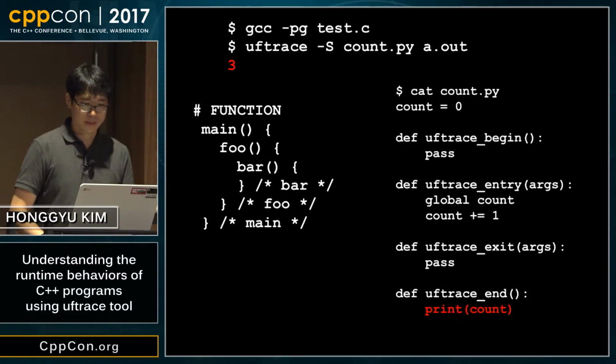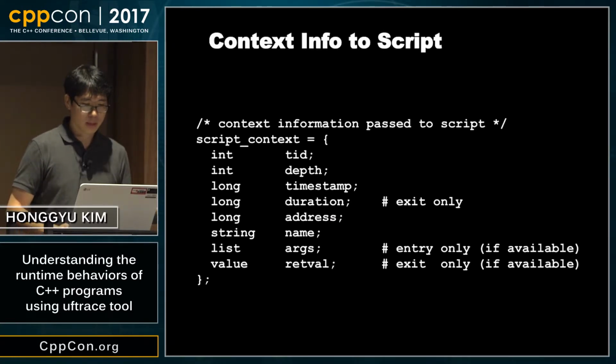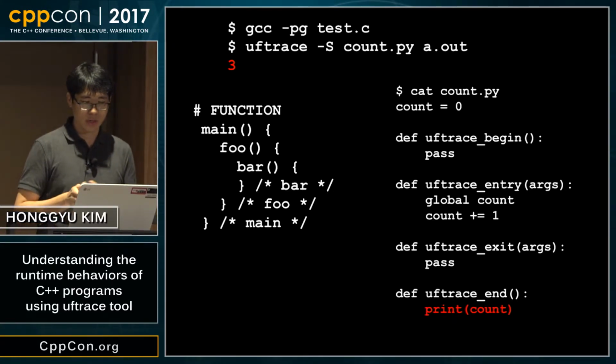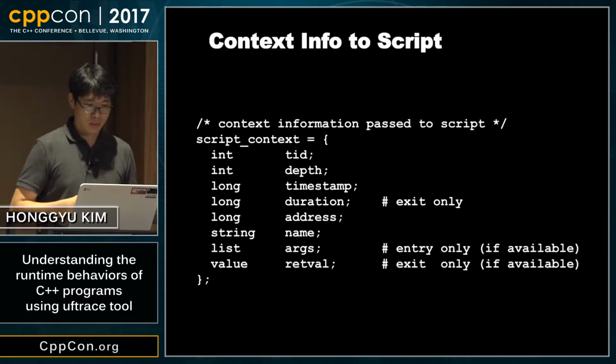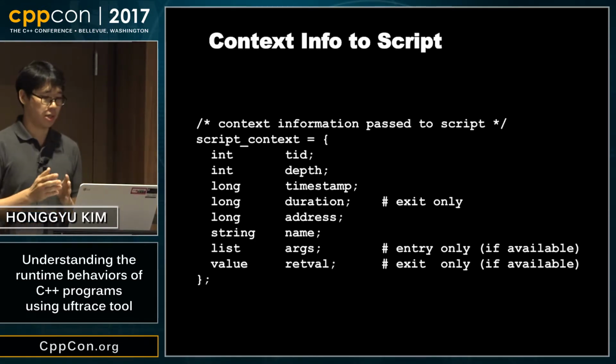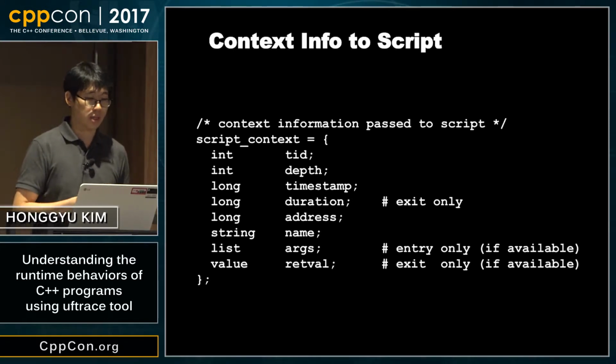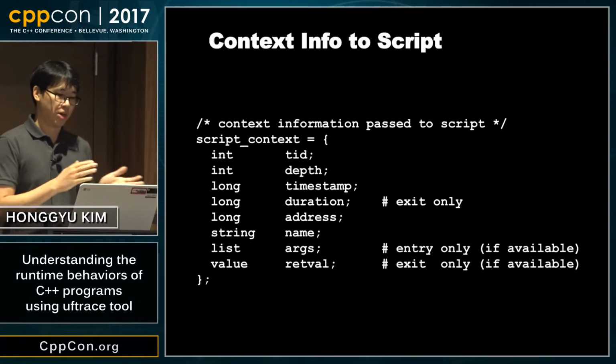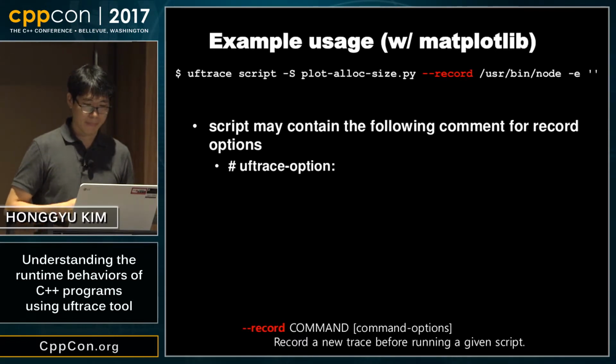It works like that. Then you can print the string. In here, uftrace entry and exit accept arguments. So the arguments can contain this kind of information: thread ID and call depth, timestamp, and function execution time, and address, and symbol name, and some specific arguments and return values.